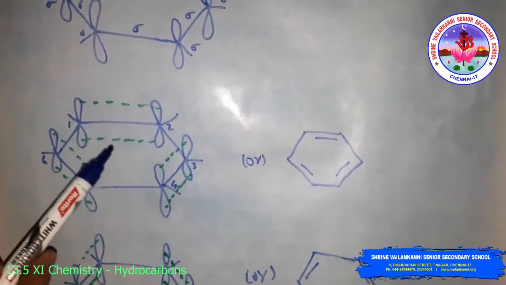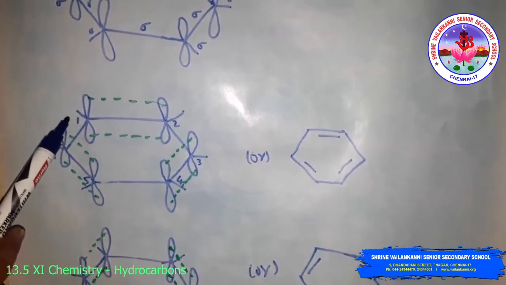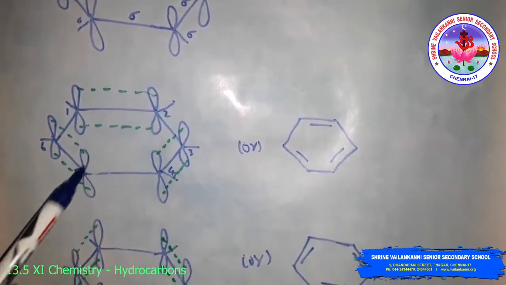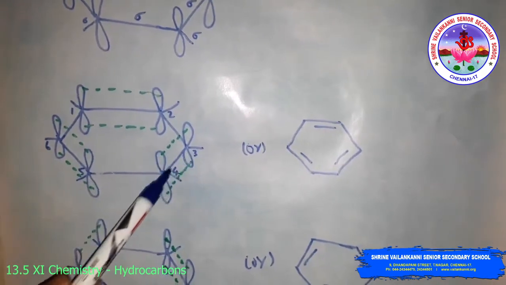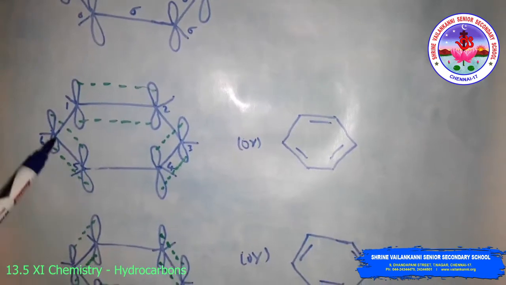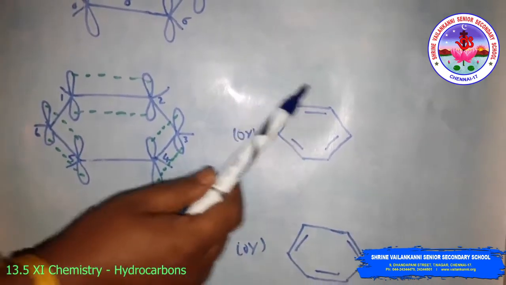So there are two equal possibilities of forming pi bonds by overlap of p orbitals. See, look at this: C1, C2, then C3, C4, and C5, C6. This is one possibility, or you can write it like this.